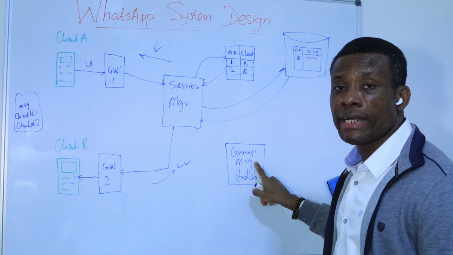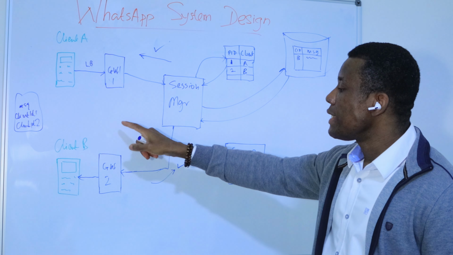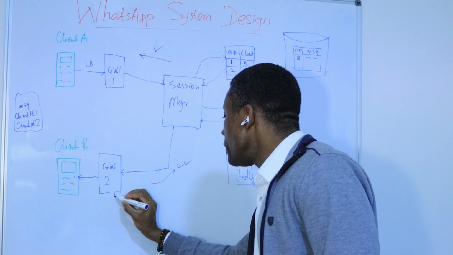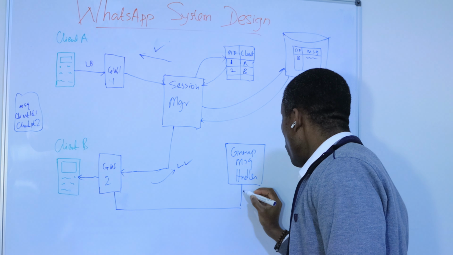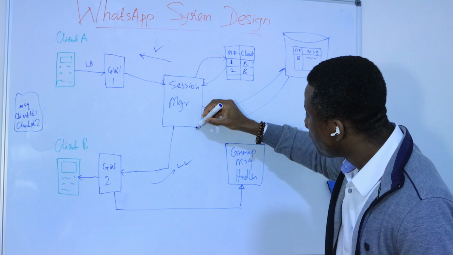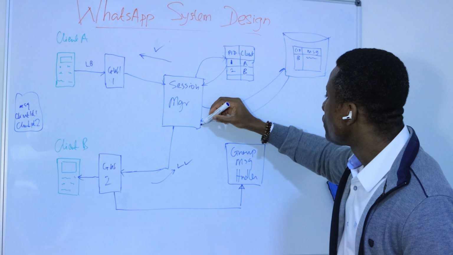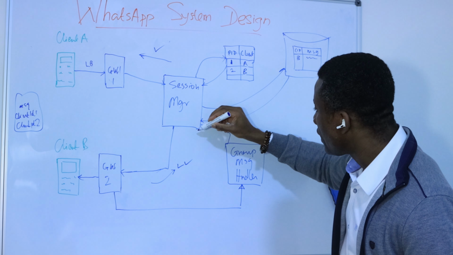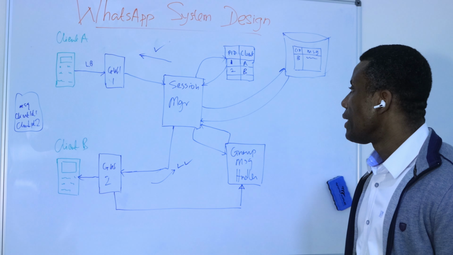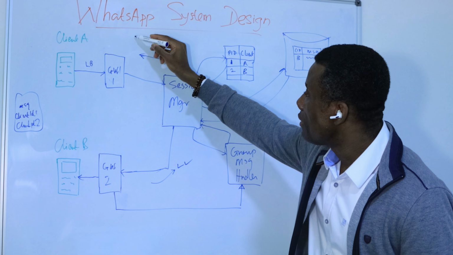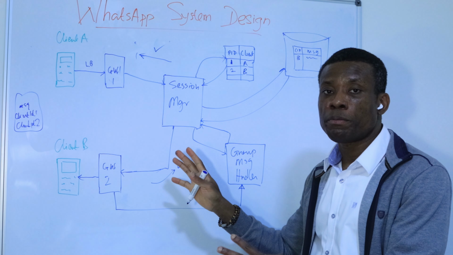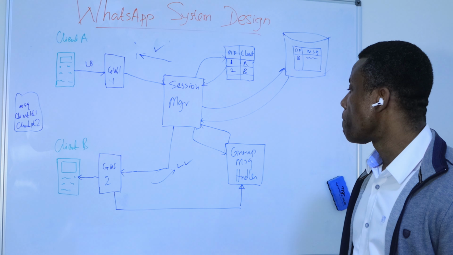Once a user creates a group, that information gets onto the group message handler. Of course, the group message handler is also connected to the session manager. All these items here make up the message server, but now we split them into parts so that the board is not cluttered up.